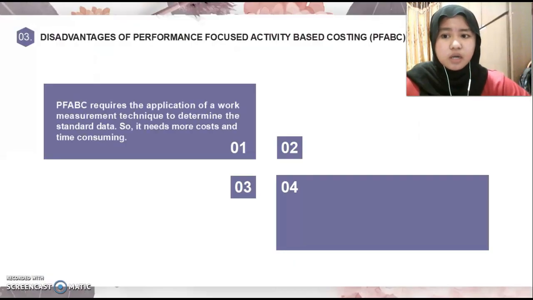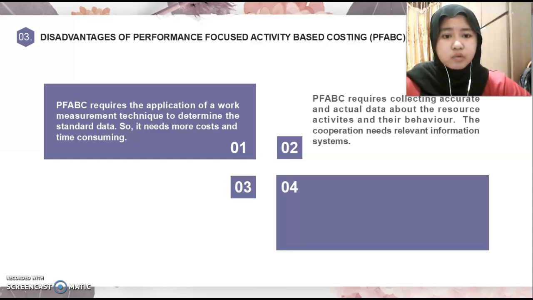First of all, PFABC requires the application of work measurement techniques to determine the standard data, so it also needs more money and time. The second one, PFABC requires collecting accurate and actual data about the resources, activities, and their behavior. The corporation always needs the relevant information system.